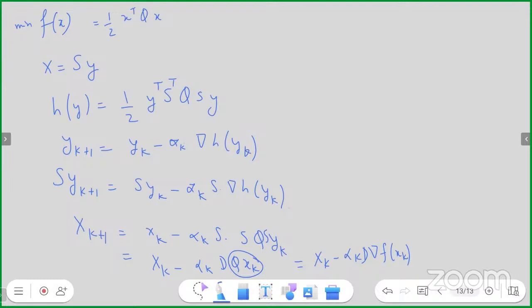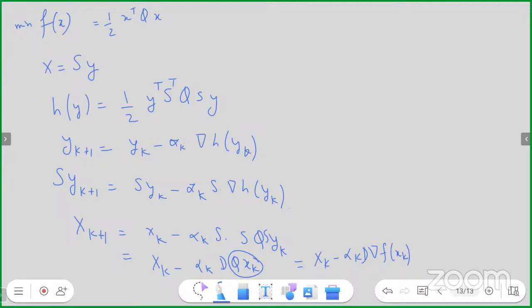Now, can I make those max and min as close to equal as possible by choosing appropriate S? And what would that S be? All I wanted to do is to make S transpose Q S equal to identity. That's my best guess, really. Q is positive definite.